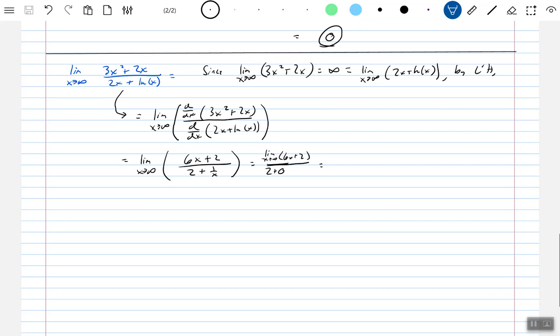And what happens when we say a number gets astronomically big, especially in the numerator? The whole thing gets astronomically big. And when it gets astronomically big, we call it equal to infinity. So this limit is actually equal to infinity. And if you use the tower of power, recognize that x squared is the dominating power, divide every term by x squared, then taking the limit, you should conclude the exact same answer. All right?